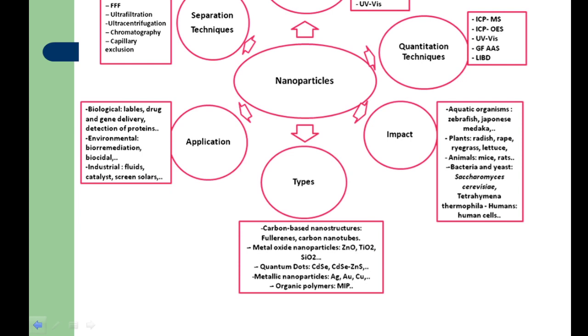Then the characterization. After you have obtained your nanoparticle, what do you do with them? You have to characterize, and these are the major things you can use: AFM, atomic force microscopy, STM, SEM, scanning electron microscopy, TEM, transmission electron microscopy, XRD, DLS, UV, FTIR. It depends on your application.